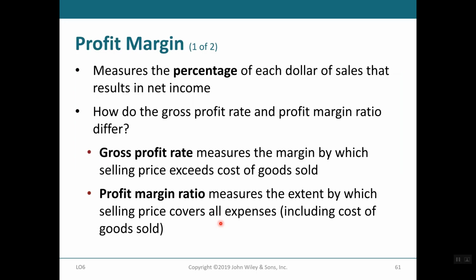All right, so we have the profit margin, which measures the percentage of each dollar of sale that results in net income. How do the gross profit rate and profit margin ratio differ? Gross profit rate measures the margin by which selling price exceeds cost of goods sold, whereas the profit margin ratio measures the extent to which the selling price covers all the expenses, including the cost of goods sold.